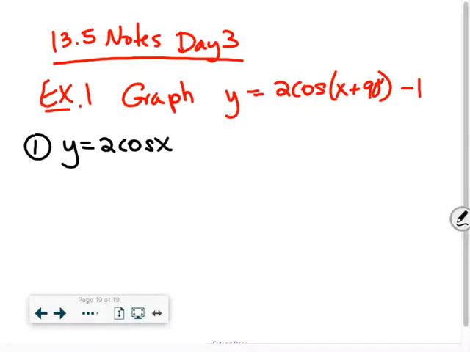When you do y equals a cosine bx, in this one there's a 2. To give you full credit, I'm going to look for amplitude, period, phase shift, vertical shift. So my amplitude is 2, A is 2. The period length is 360.